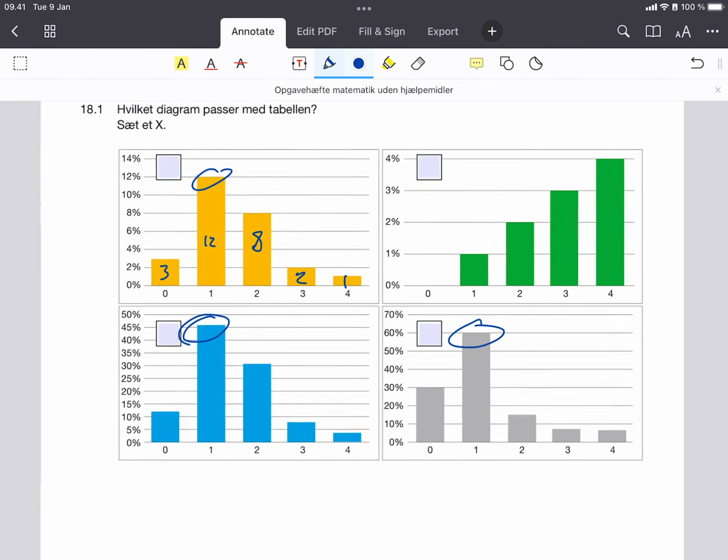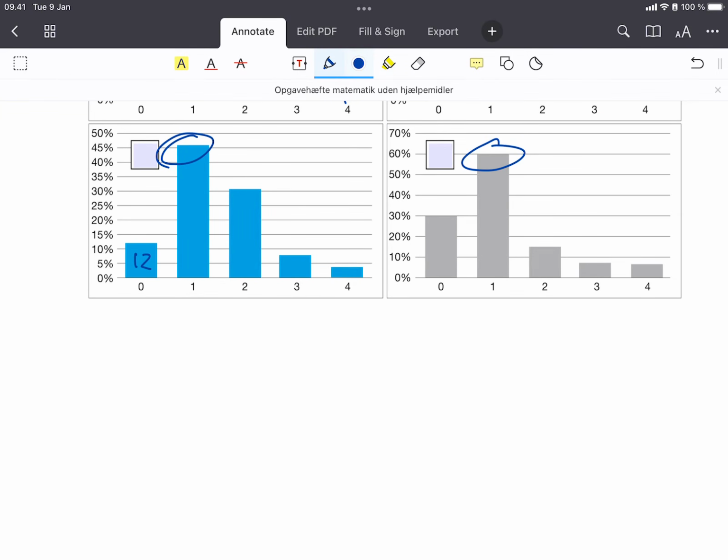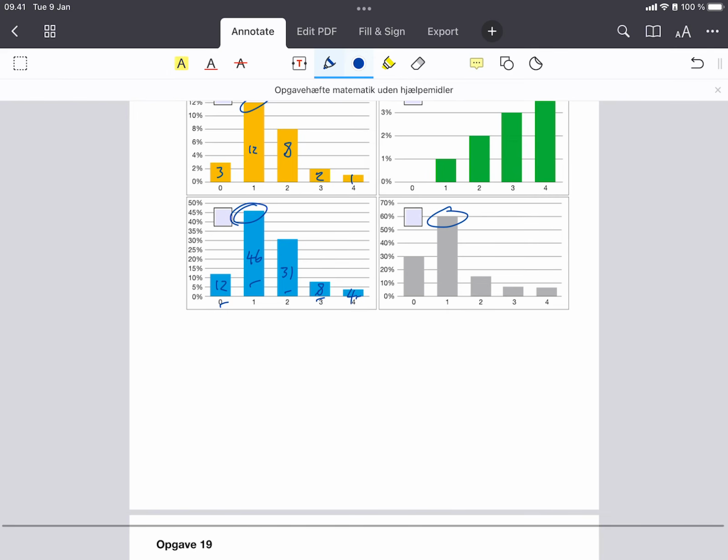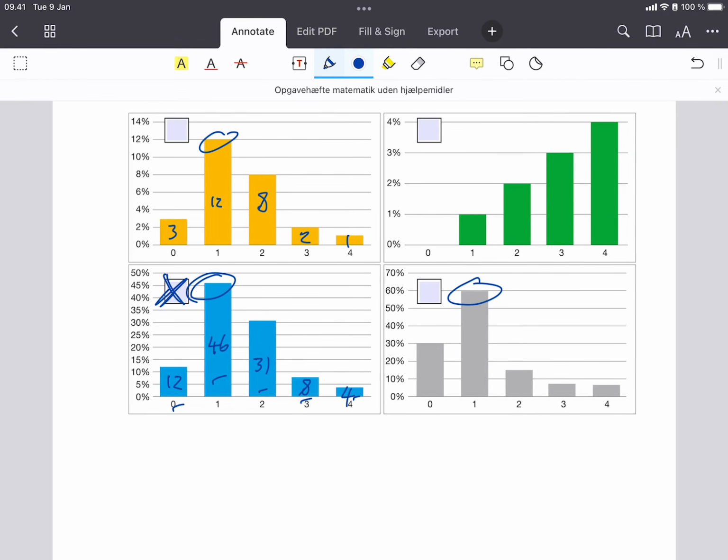Whereas these, that looks like 12%, maybe 46%, maybe that's 31%, give or take a bit of rounding. That looks like 8%. That looks like 4%. So 12, 58, 88, 89 plus 13 adds up to 102. So give or take a bit of rounding. It is clearly that one there.